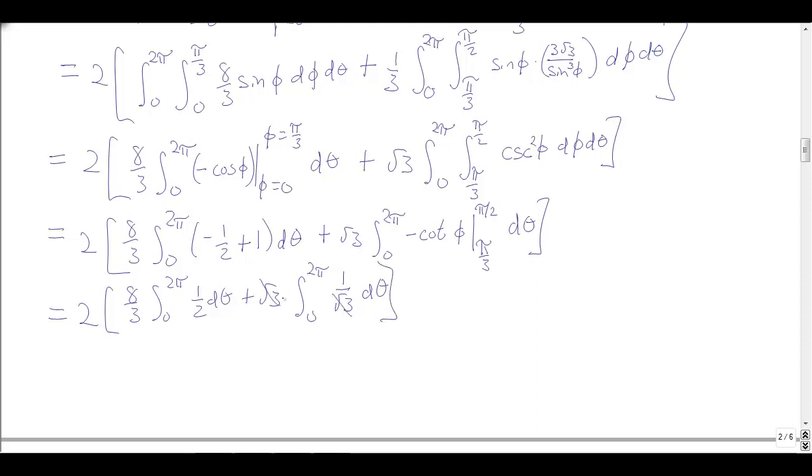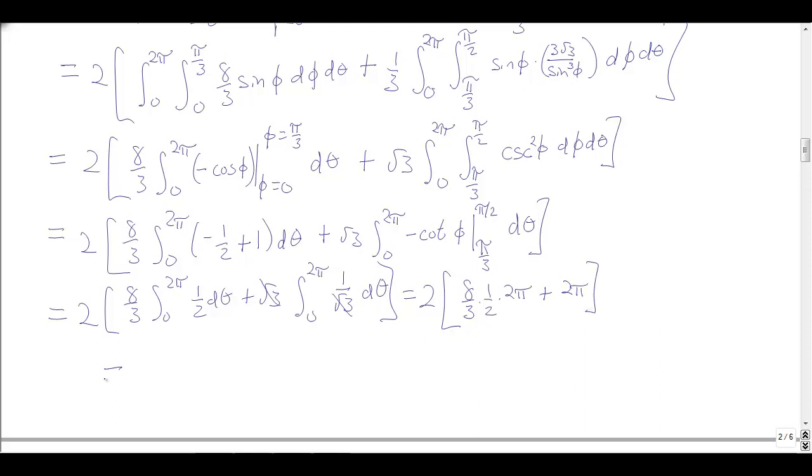My square root 3's cancel. And when I integrate 0 to 2 pi with d theta, I'll get a theta. And then essentially I'm going to get theta evaluated at 2 pi minus theta evaluated at 0. Basically, that integral is just going to multiply by 2 pi. So what I end up with is 2 times 8/3 times 1/2 times 2 pi plus really just 2 pi.